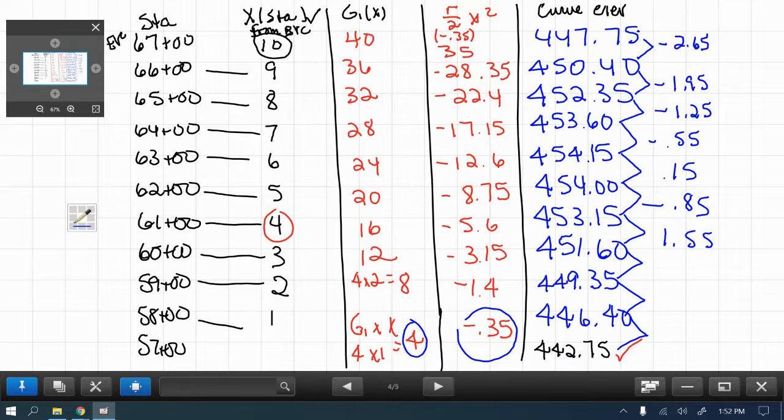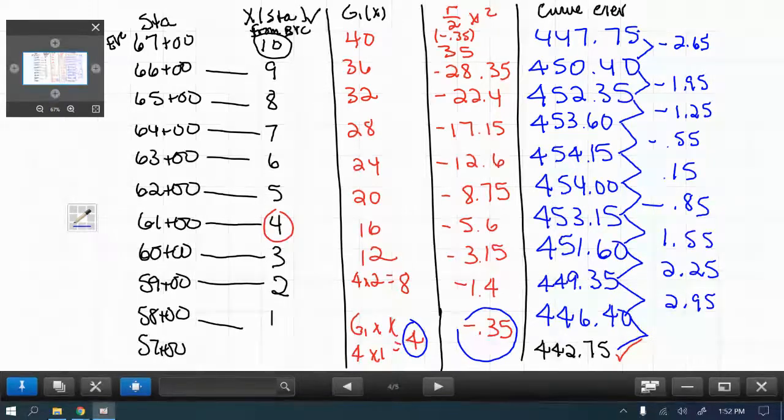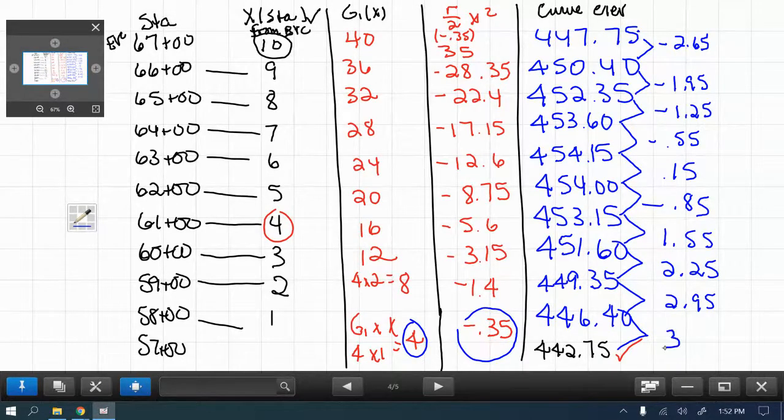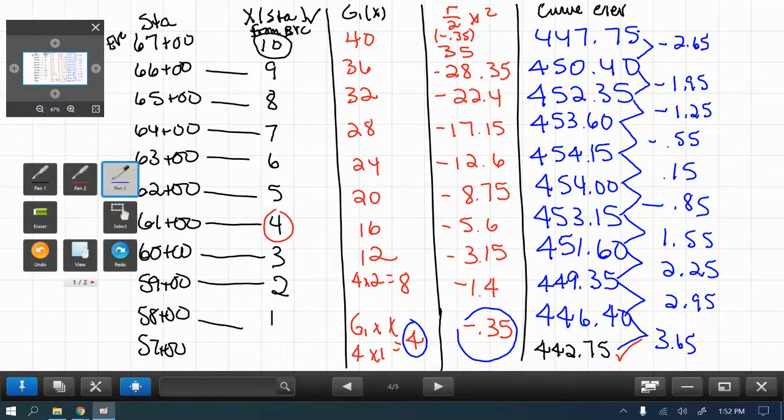Try this for the third time. And then now I'm going to do my second differences. So I'm going to do them in a different color.